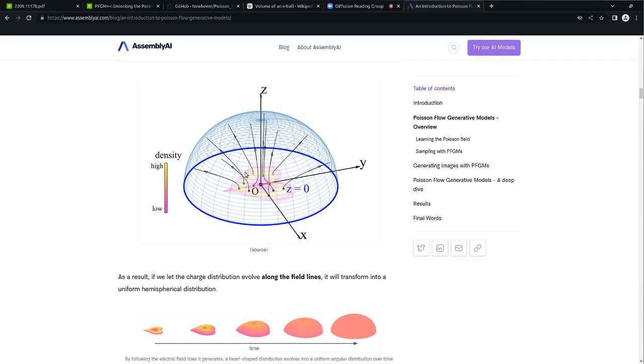Then for any point within the hemisphere, I can just follow the flow to the hemisphere and land there. Okay, then forget what I said. I think you can do the same just from your data point. You take your data point on the z equals 0 plane and you follow the forward process back to the hemisphere.